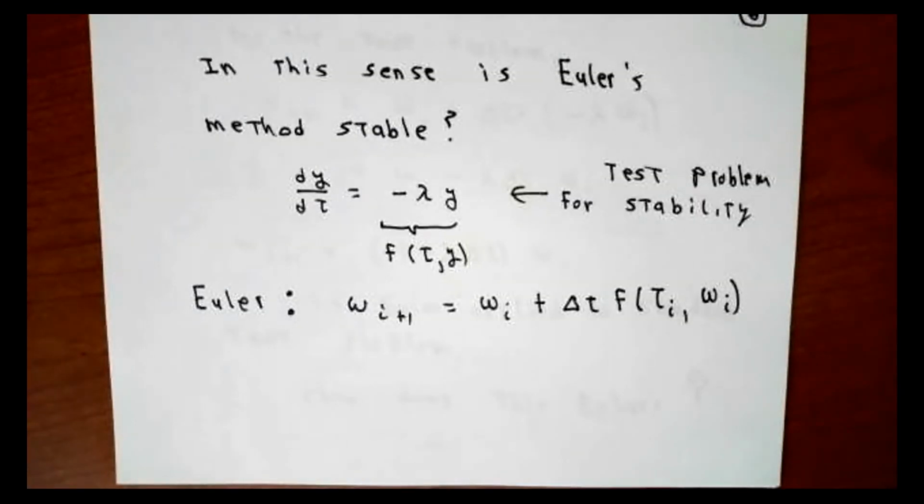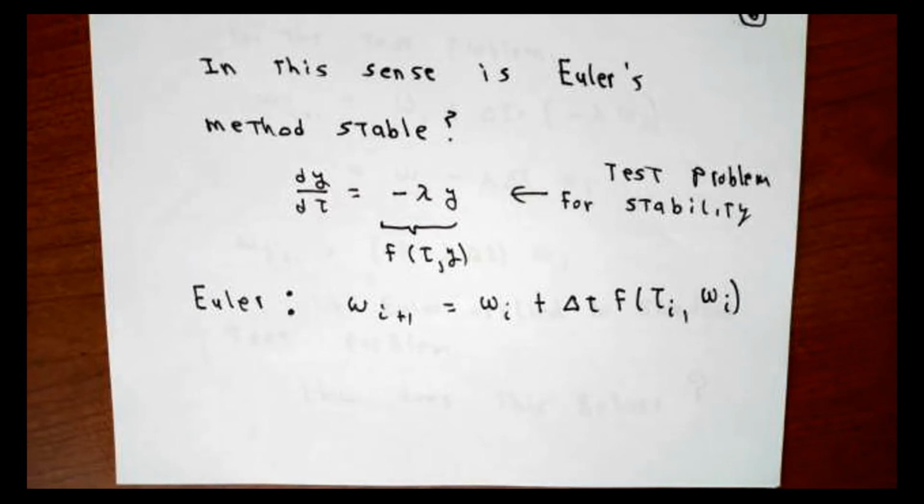The simplest numerical method that we have is Euler's method. So let's apply this stability criterion to Euler's method. The differential equation that we'll use then is the derivative of y with respect to t equals negative lambda times y.